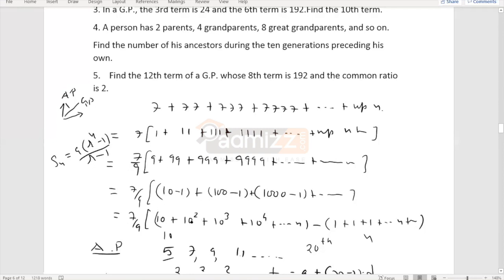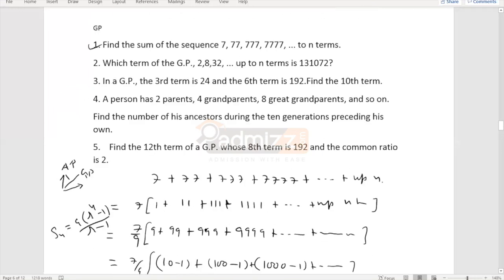Put the values here, this sum minus n, multiply by 7 by 9. So it will become your answer. And options A, B, C, D are given, so you have to choose the one that matches the type of answer you get from the formula.